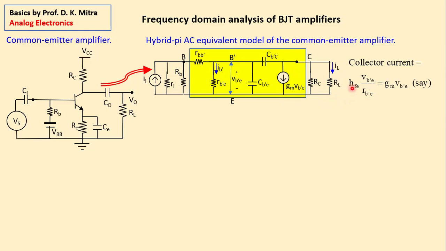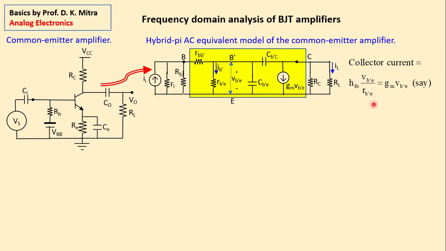I repeat once again: collector current is equal to beta times the emitter current. This we have done right from the beginning. So hfe multiplied by what is the emitter current? Emitter current is VBE divided by RB'E. This is the base current. I'm sorry, I have been telling you wrongly.